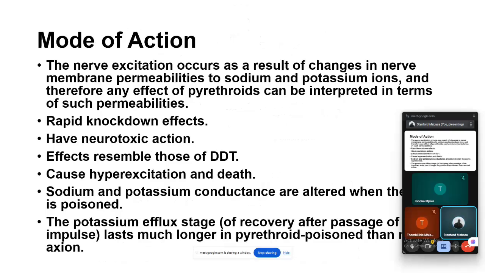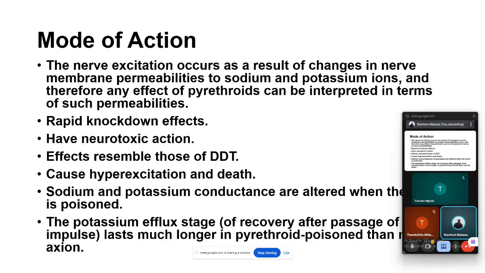Now, the pyrethroids resemble the DDT in terms of affecting the pests. They also affect the movement of potassium and sodium within the nerves.